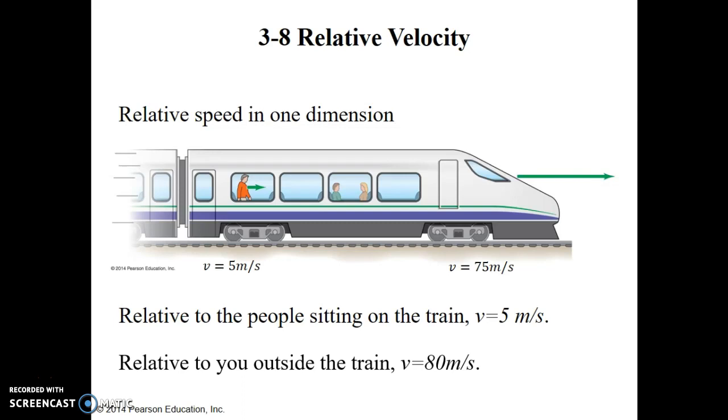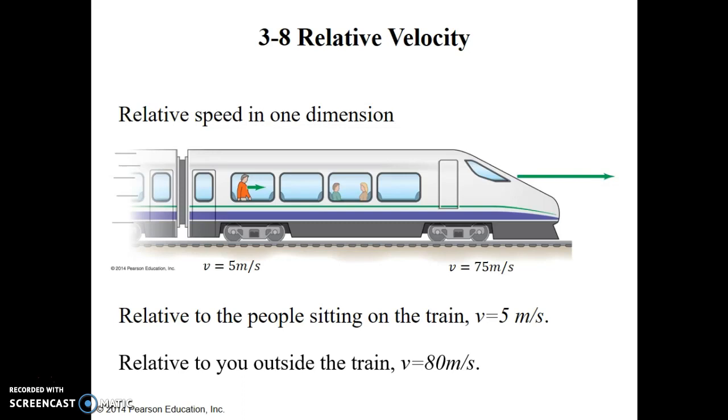Well, the train's going 75, he's going with the train, plus he's going another 5 meters per second, which gives you a total of 80 meters per second forward. Now, this is a very simple example of vector addition. You have two vectors in the same dimension, just add the two vectors together, and you've got yourself relative velocity.